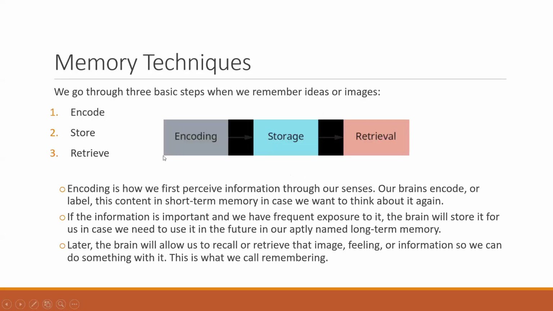And then we discussed three steps we use when we remember ideas or images: encoding, storing, and retrieval. Encoding is when we first perceive information through our senses. So that's kind of like working memory, really, because as you're doing something, it triggers you to process the information in the moment.